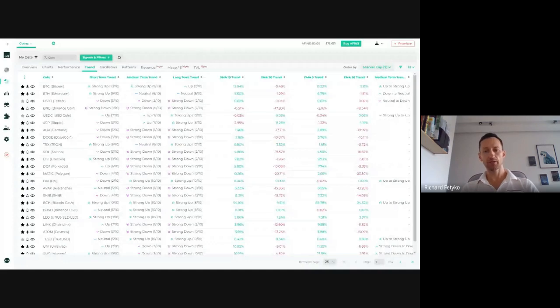Now, we have 3 trend time horizons. The one that I emphasize the most is the medium-term trend. The reason for that is the short-term trend can change very quickly, okay? And it's okay if you're a fast trader, but medium-term trend, I think, is a trend that's more established, it's more mature, but not too old, meaning it still has some legs, it still has some upside.